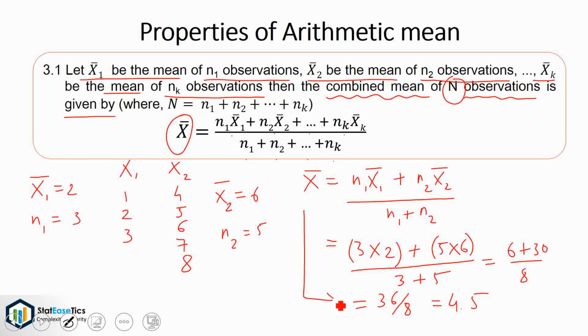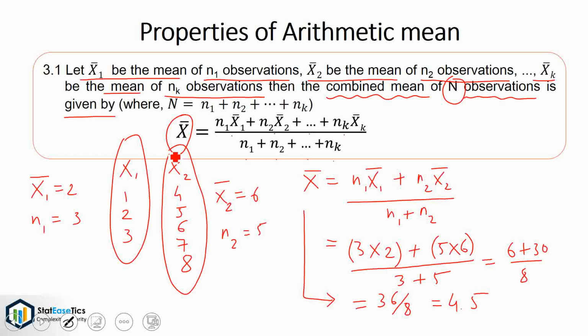Hence, the combined mean of the two series is 4.5.